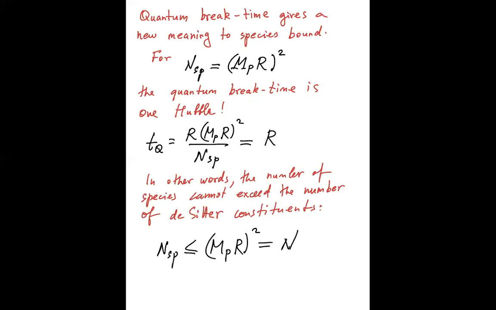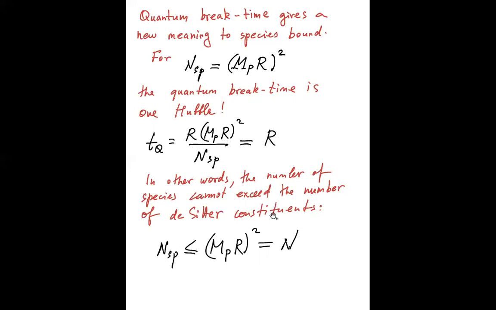Obviously, this cannot happen. So why is this important? Because all these conclusions are interrelated and they represent consistency checks of each other. And we see self-consistency in the whole picture.